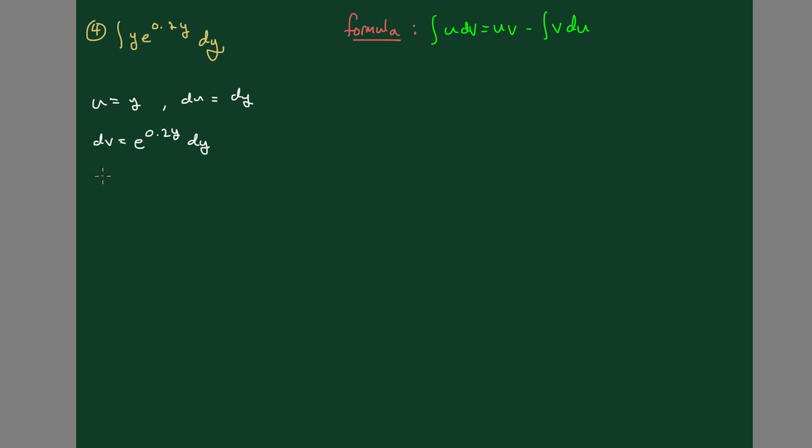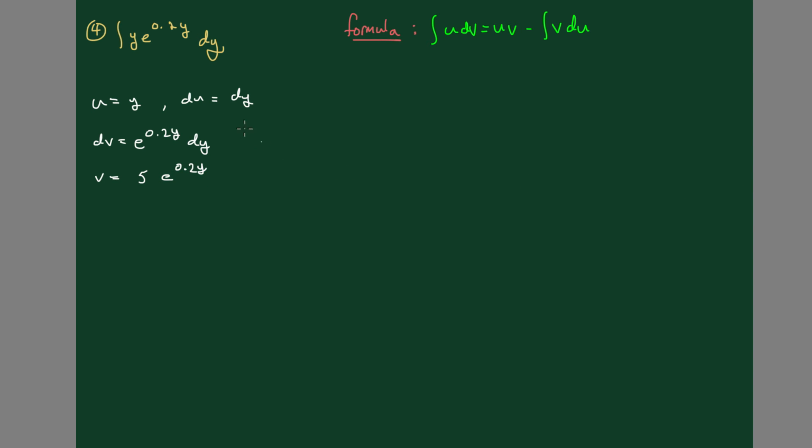And so our v is going to be the integral of this function. That's going to be 1 over 0.2 e to the 0.2y. And we can write the 1 over 0.2 as simply 5. So this is going to be v equals 5 times e to the 0.2y.